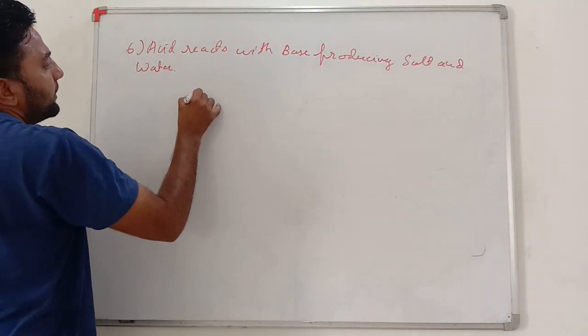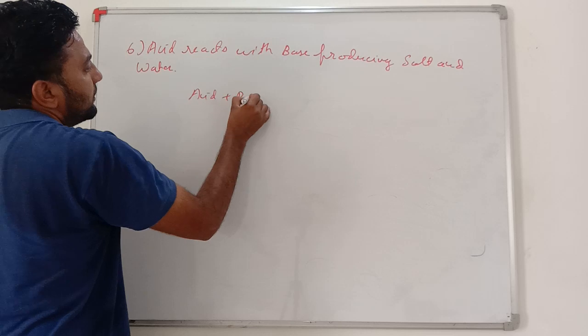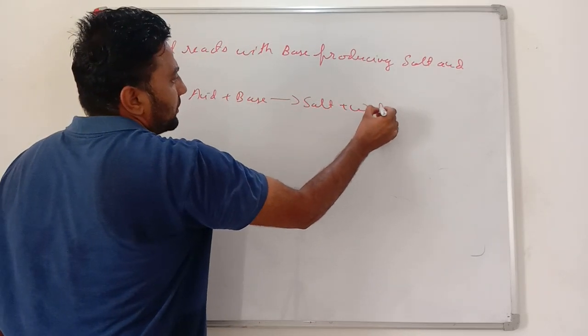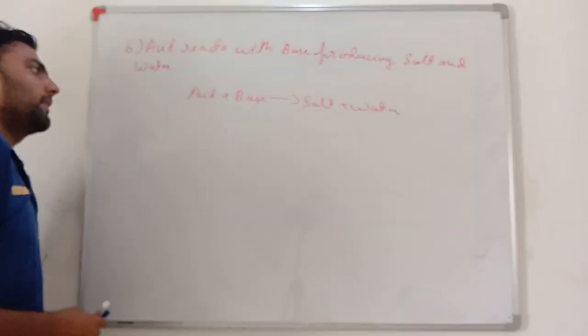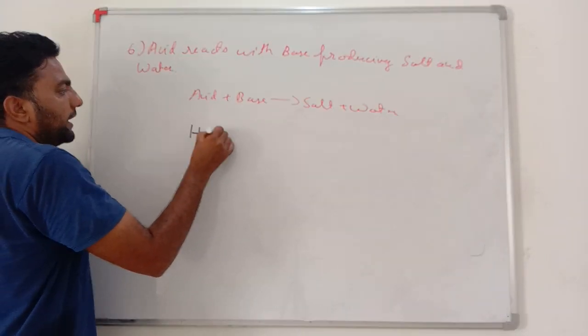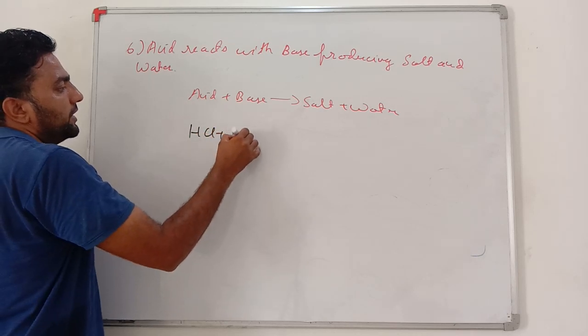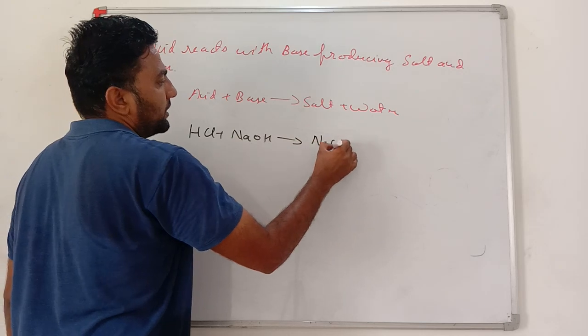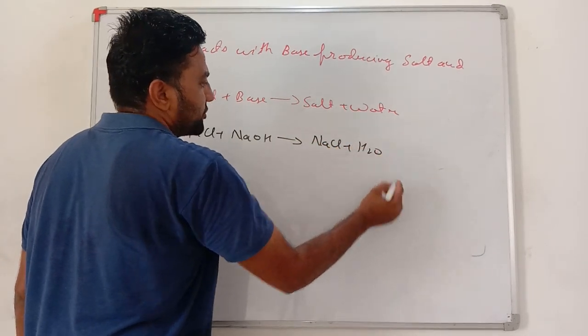Very important, that is acid plus base gives salt plus water. See my dear student, acid HCl plus base NaOH, sodium hydroxide, gives us salt, that is NaCl, plus H2O.